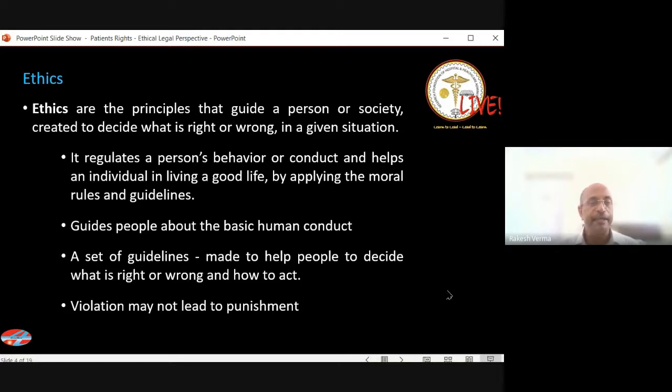And then the violation of ethical conduct, what is called unethical conduct, may or may not lead to punishment. So this is gray, this is fluid: every violation of ethical conduct or every unethical conduct may not necessarily lead to a punishment.